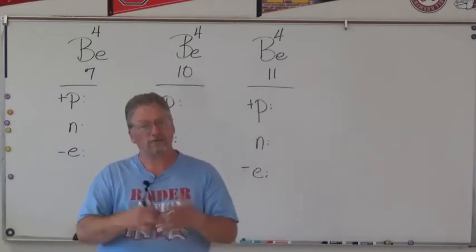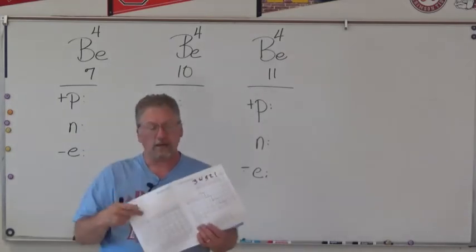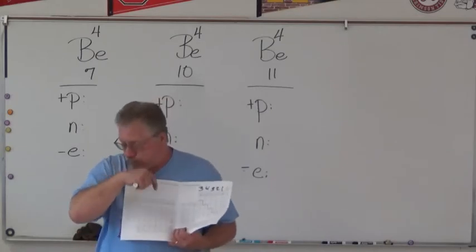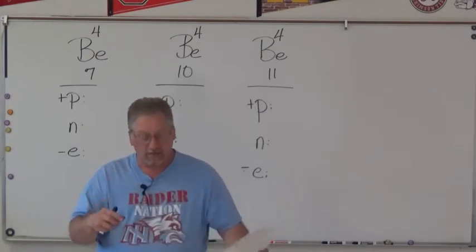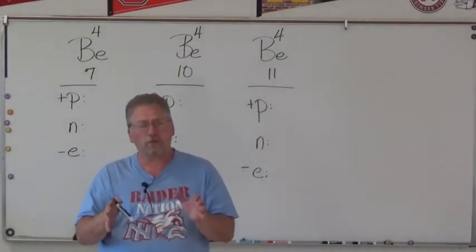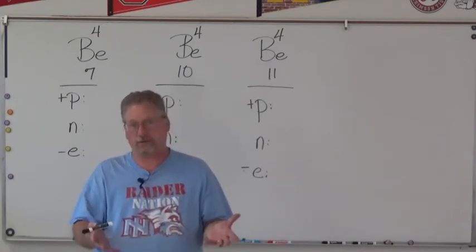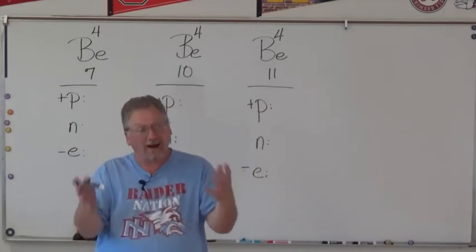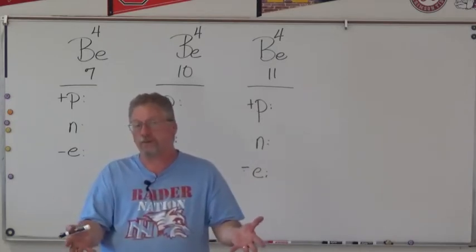It turns out in nature, each element on this periodic table can have different kinds of that element. So beryllium can have different kinds of beryllium. That's what we're going to talk about today. How do you get different kinds of the same element?